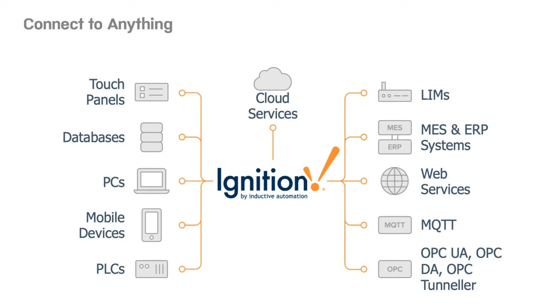Now, it does connect to anything. It can connect to touch panels, databases, and PCs, and it creates this server-based software that acts as a hub between everything on your plant floor and where you need to get the data, to have total system integration. It doesn't matter what brand, model, or platform.